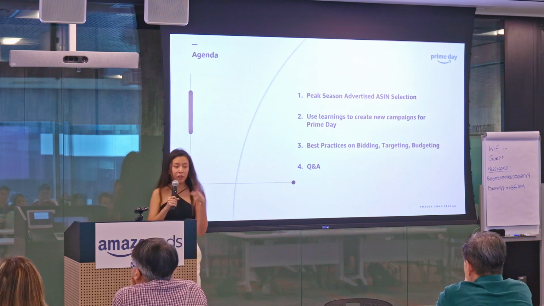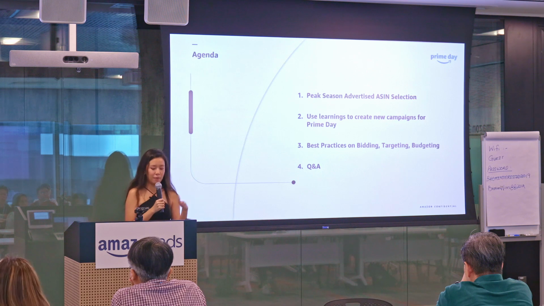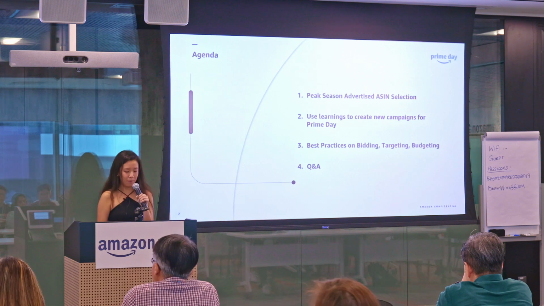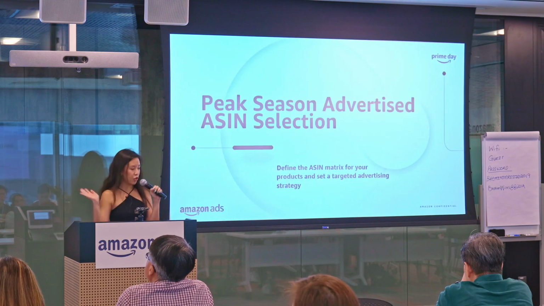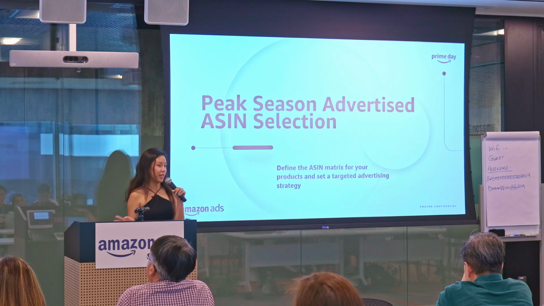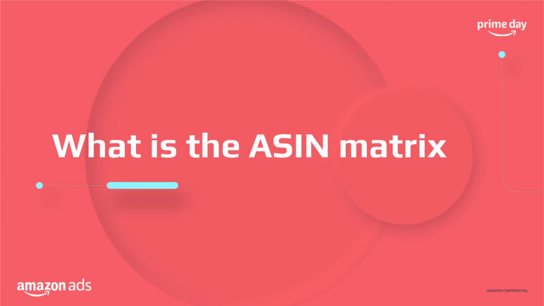We will have much more detailed advice from Scale Insights on bidding, targeting and budgeting, but I'll give overarching tips to remember before Prime Day. Going straight into it, I'll be recapping the ASIN matrix. I'm not sure how familiar our sellers are with this, but what is the ASIN matrix?